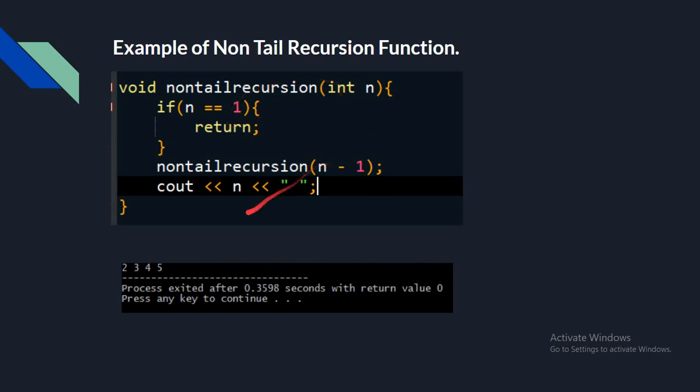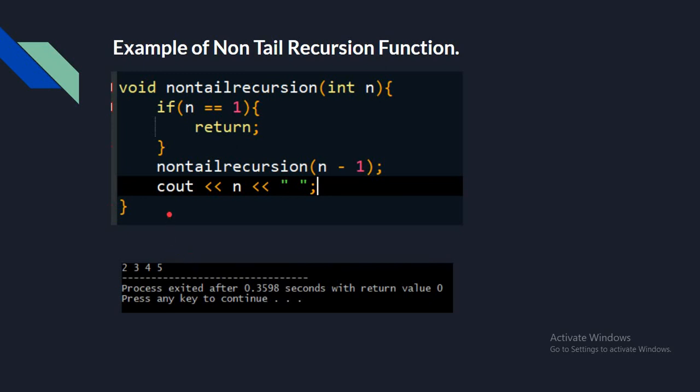Then it will print n, that is 2, then after that it gives control back to the parent and it will print 3, 4, 5. So that's how a non-tail recursive function works. That means there is something after the recursive relation, something after the function call which we have defined.